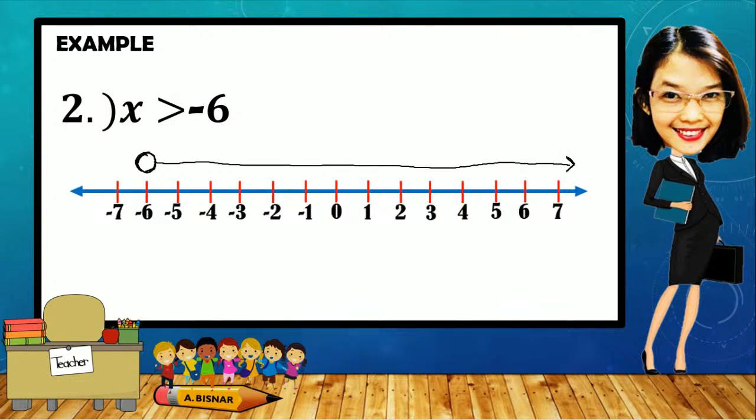And you should not forget that there must be an arrow, which means it is continuous, kasi nga, it is infinite. So you just have to remember that if the given is greater than, the graph will be going to the right. Kapag greater than, ang graph mo ay papunta palagi sa kanan, sa positive side.